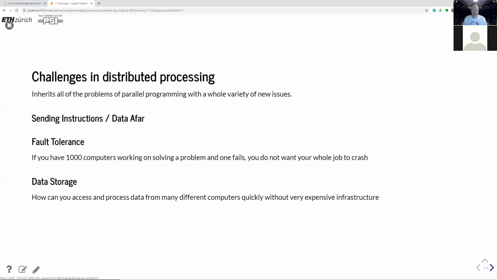Other challenges include sending the instructions and data far away. If you have many computers, say 1,000 computers working on a problem, and one fails, then on a local workstation, if one part fails, you may crash your calculation.